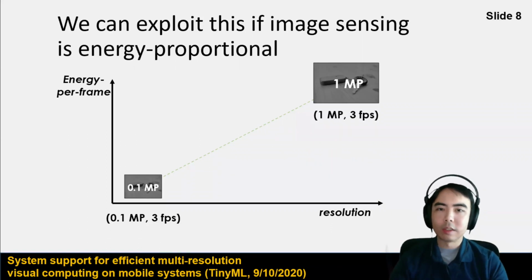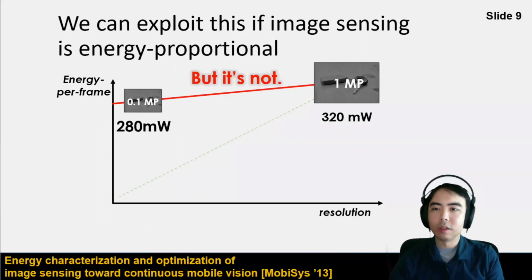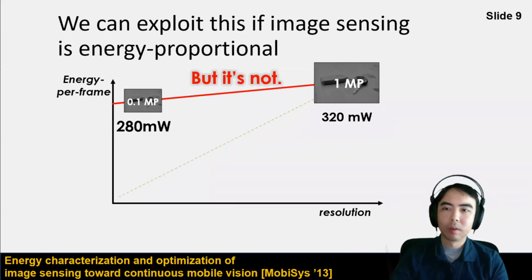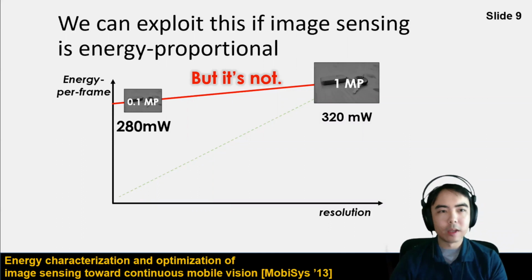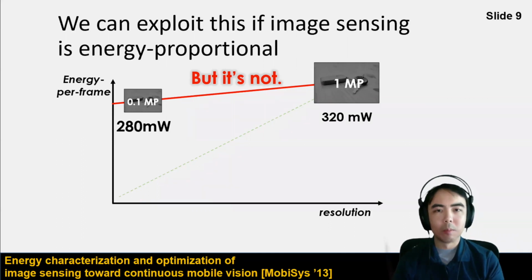But it turns out that if you use the same sensor to capture high resolution images and low resolution images, then when it's in low resolution mode, it actually has a high power consumption and a high energy per frame. This was surprising to us when we hooked it up to some power measurement devices.